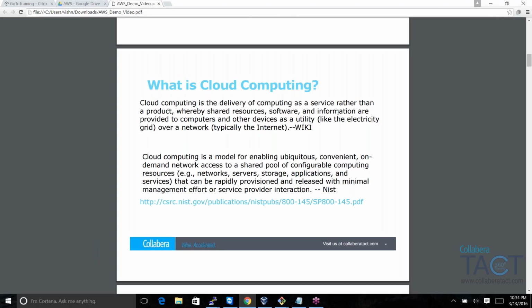A typical real-life example is electricity. Everybody needs electricity, right? If we need electricity, we are not going to set up a power plant in our backyard. There are people who are already specialized in electricity production, and they have already set up their power plants.